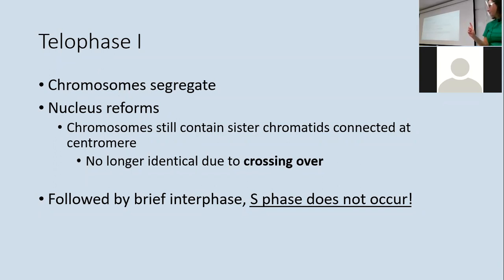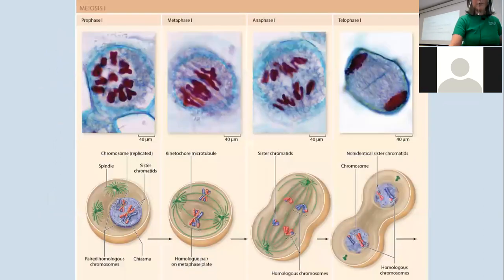All right, so no S phase in the second interphase. And that's meiosis, the main bit. Prophase 1, all the chromosomes condense into the center. Each pair of chromosomes finds each other, lines up.